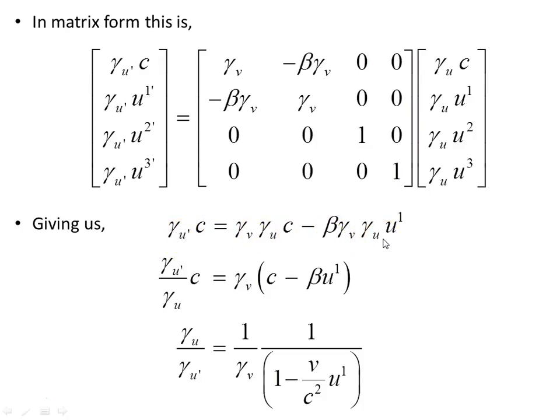When we do the matrix multiplication, just the first row. If we then factor out gamma subscript u, we get this object here. All right. And then if we take the reciprocal, we end up with this. A little bit of algebra there. And that'll be handy on the next page, so just keep that in your mind somehow.